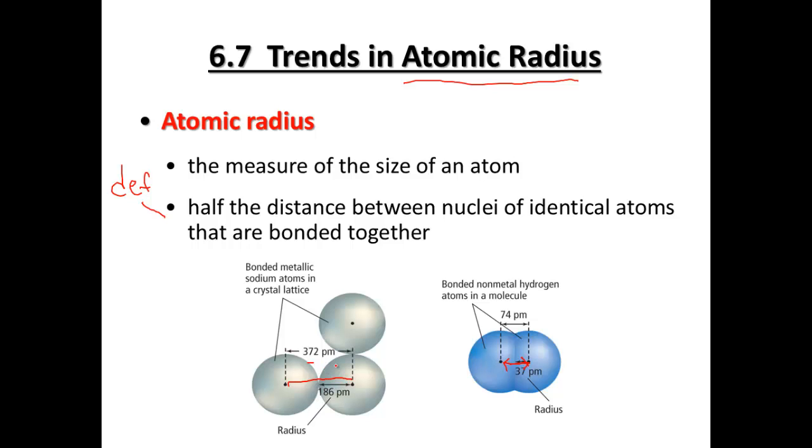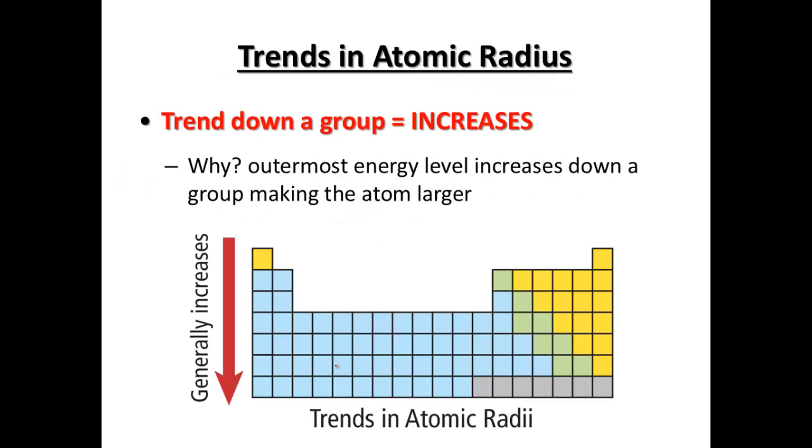Now, what we're going to look at is a trend of how it affects the size of the atom. Our first trend is as we're going down our periods from period 1 to 2, 3, 4, 5, 6, 7, it's generally going to increase the size of the atom. And why is that? The outermost energy level increases down the group, making each atom larger.